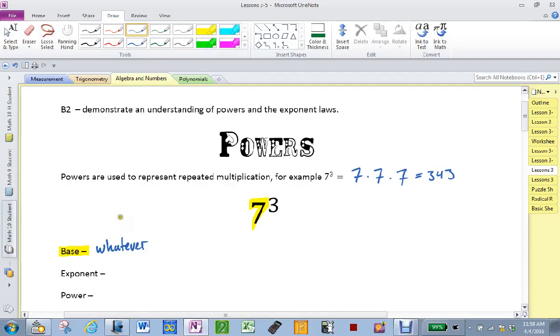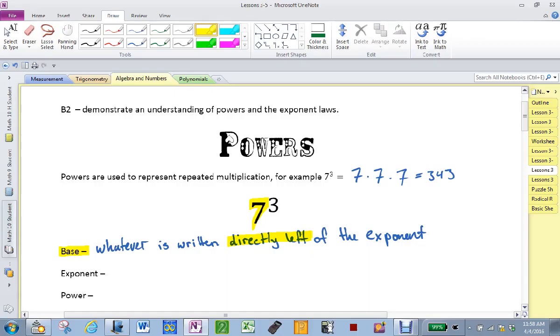Does that mean it can be a blank box? Yes. Whatever is written directly left of the exponent. Please highlight directly left.